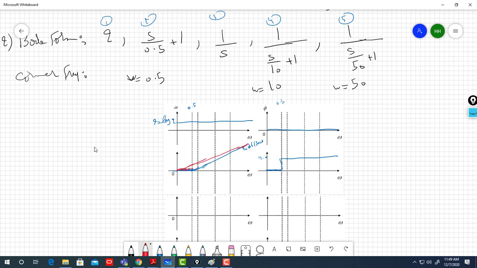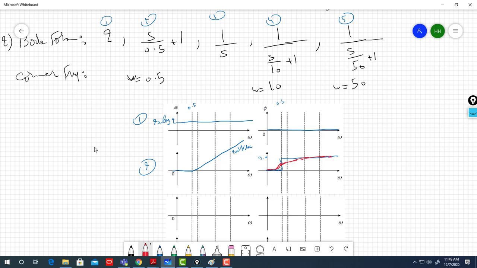Here is the corner frequency, that's the one. If you want to draw the exact curve, but again I don't want to draw the exact curve. So 0, and I go along a line of 20 decibel per decade. This is graph 2. Plus 90, and if you want here, 45, etc.